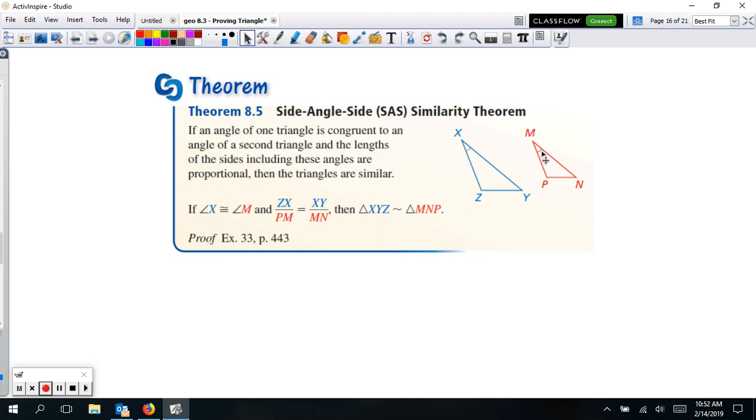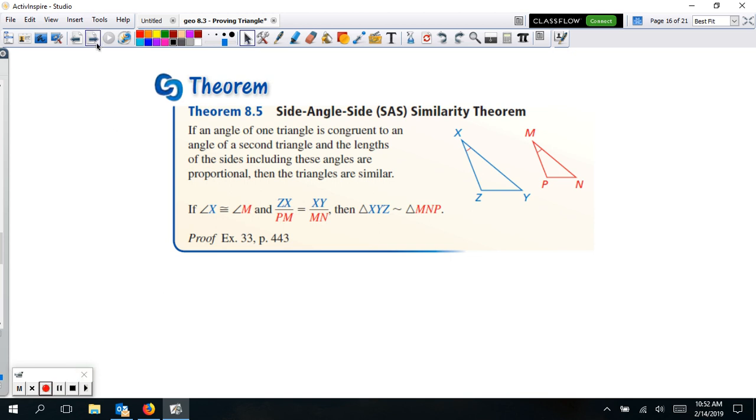As you can see here, x is congruent to m, but the sides would be proportional. For similar, the sides just have to be shown proportional. So sides are always being shown proportional on similarity theorems or in similar figures or similar triangles. The angles are always going to have to be the same and congruent. They have to maintain those same angle measures.